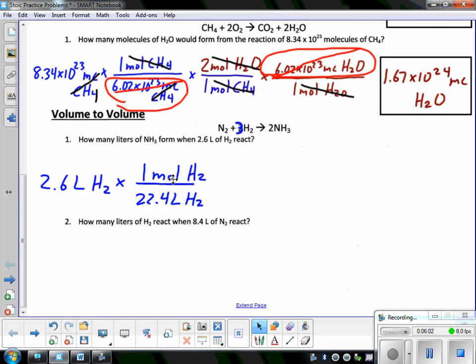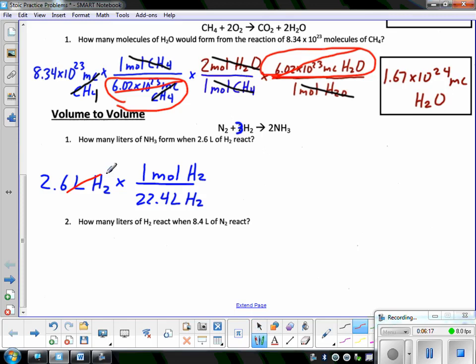It's always 22.4 liters, whether it's a diatomic atom, a polyatomic atom, or something making a covalent bond or an ionic bond. It doesn't matter.